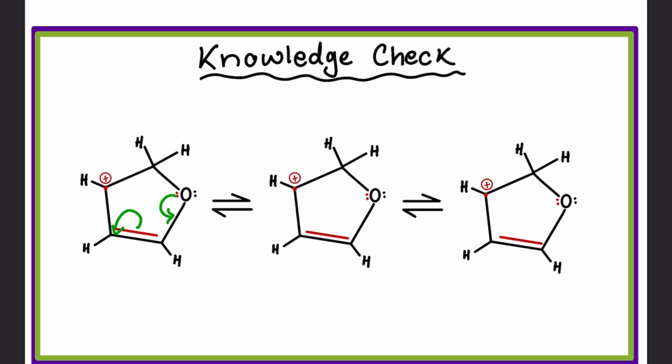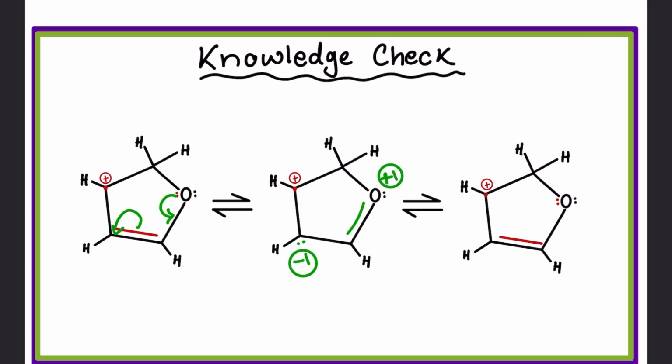This will lead to a structure that looks like this, with a bond formed over there and 2 electrons on carbon. This gives carbon a formal charge of -1, and it gives this oxygen a formal charge of +1. This is already a red flag. I hope you understand that.